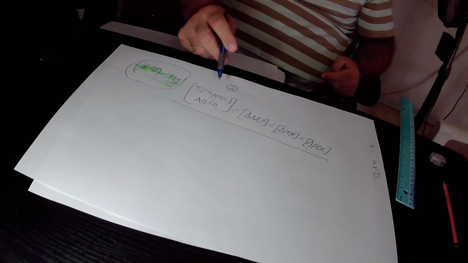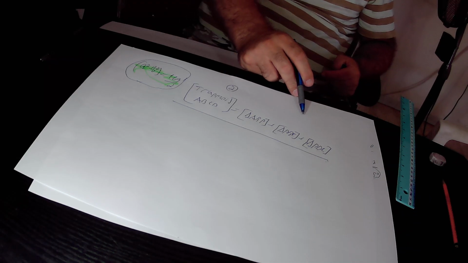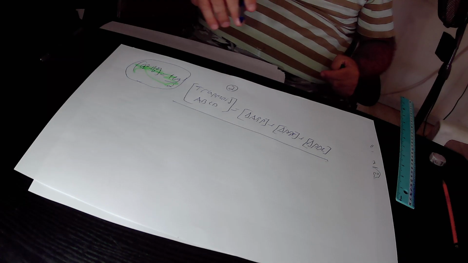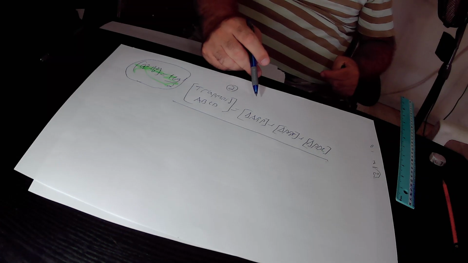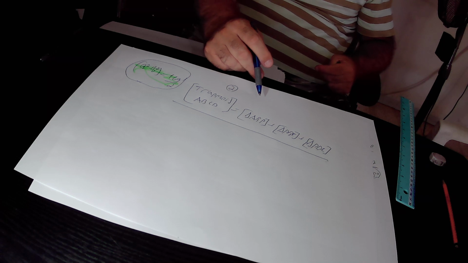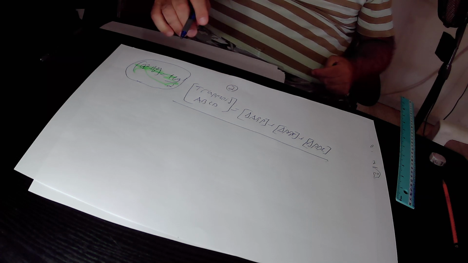So we calculate the area of each component separately, and the sum of the areas of the three components will give us the area of trapezoid ABCD.